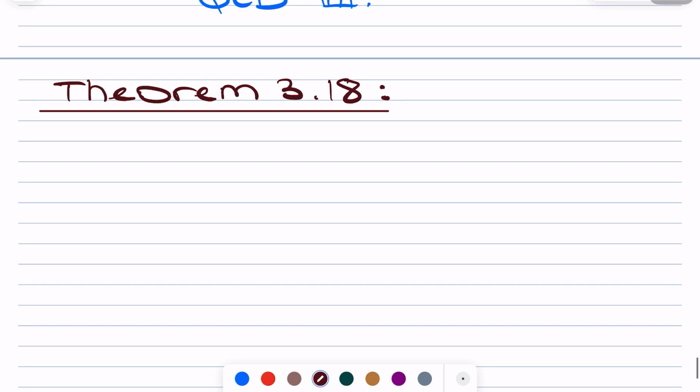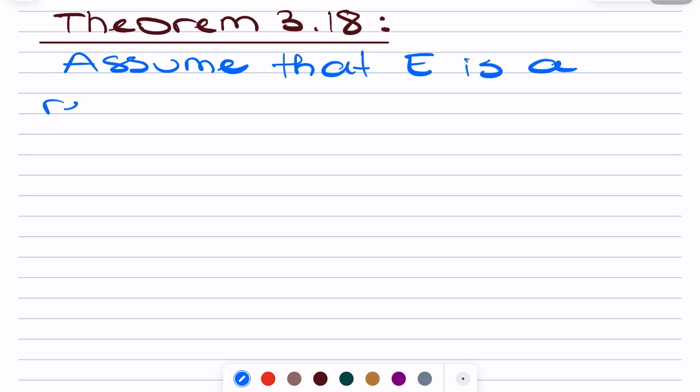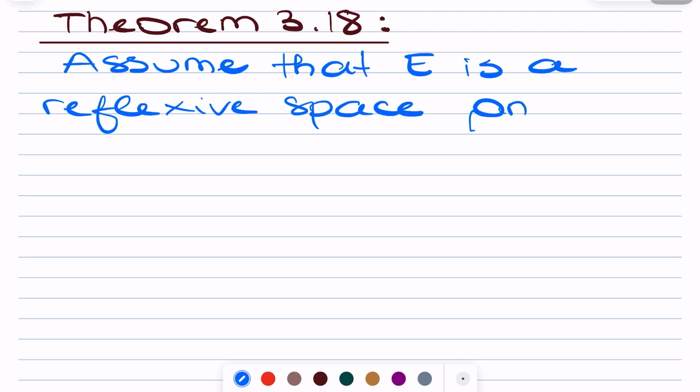Assume that E is a reflexive space, and let me highlight reflexive, it's very important.